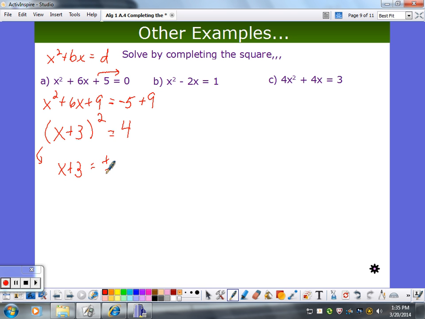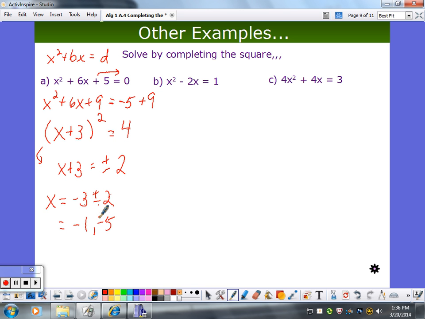This is going to be plus or minus, what's the square root of this? 2. This one is a perfect square. I can take the square root. Subtract the 3 to the other side, and now I've isolated my x. Let's see what my two values are. Negative 3 plus 2 is negative 1, and negative 3 minus 2 is negative 5.